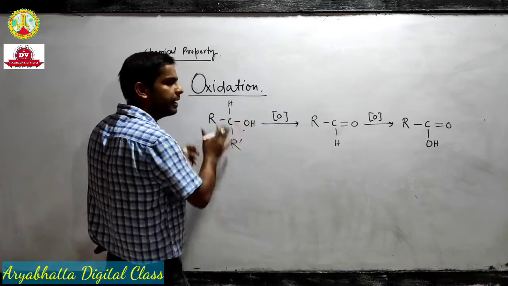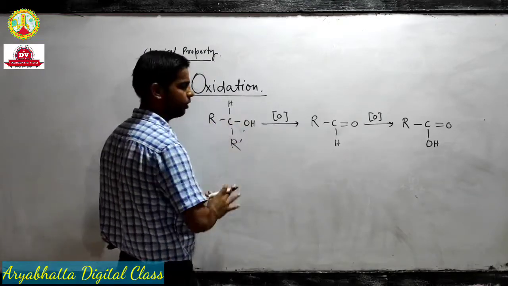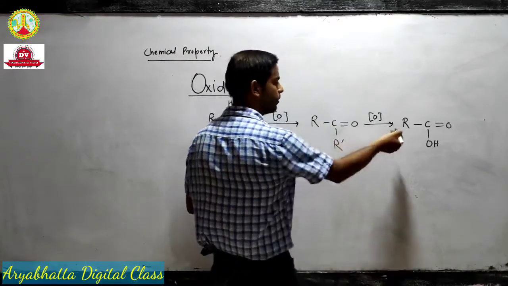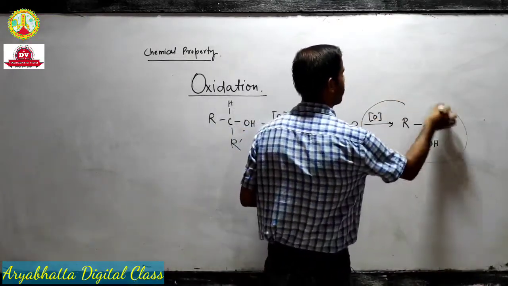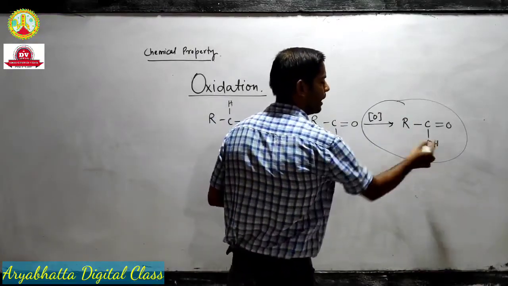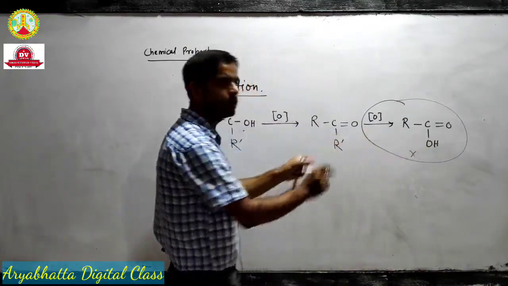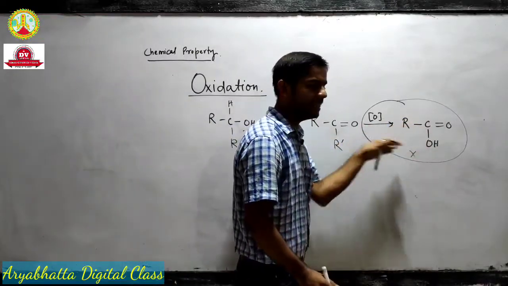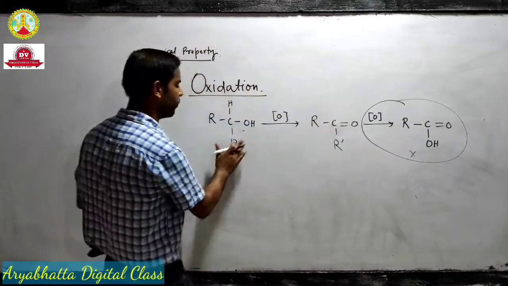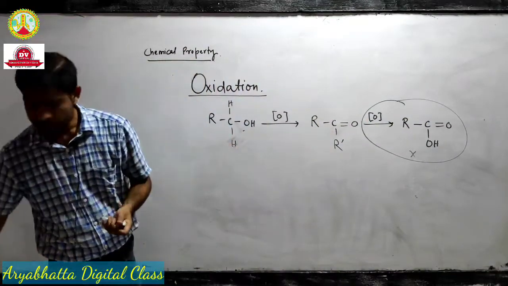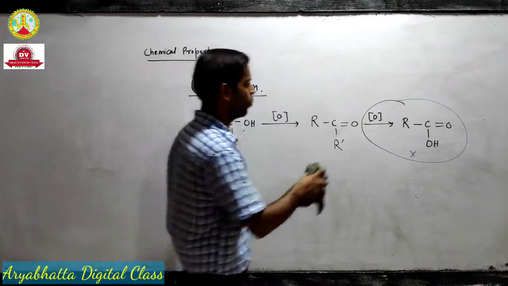If I take a 2-degree alcohol or secondary alcohol, then we will get a ketone, and the third step will not take place, because we don't have any hydrogen where we can add an oxygen. So we don't need this step. We need this step when there is a hydrogen here. That's why I have deliberately taken a 1-degree alcohol.